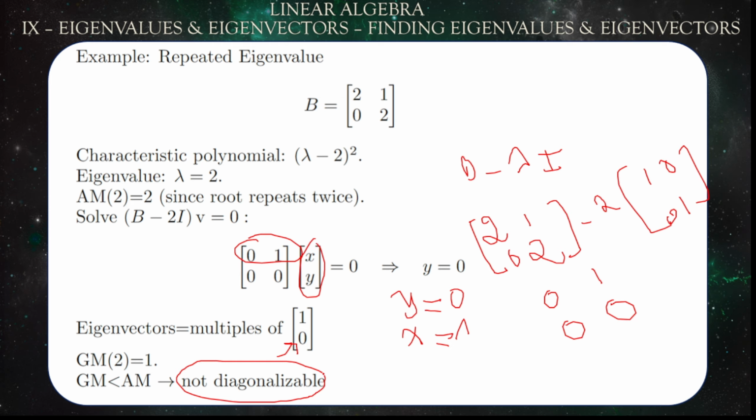It's only diagonalizable when GM is equal to AM, equal to, in such case, 2, which is the size of the matrix, n by n, where the number of rows is equal to the number of columns, equal to 2.